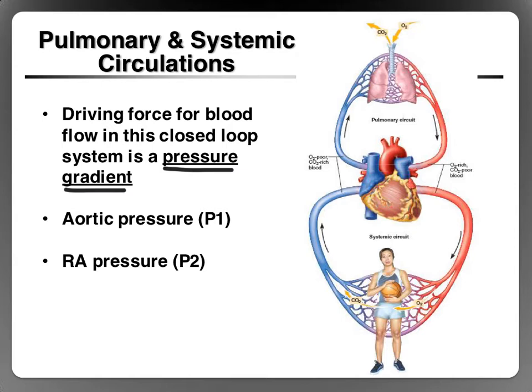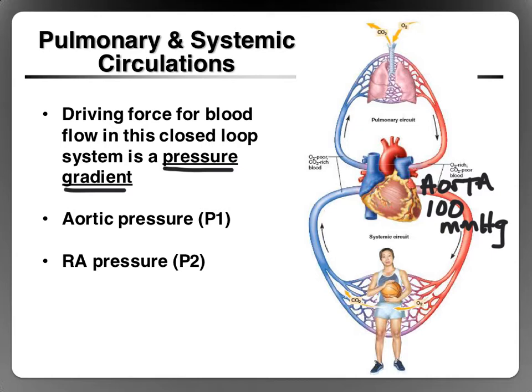So for instance, coming out of the left ventricle, we have the aorta. Okay, and the average pressure in the aorta at rest is about 100 millimeters of mercury. Okay, so it's a pressure. Millimeters of mercury are units of pressure, so it gives you an idea of how much pressure is in the aorta.